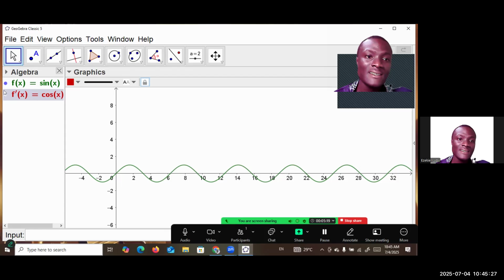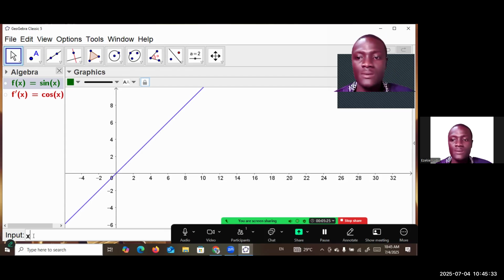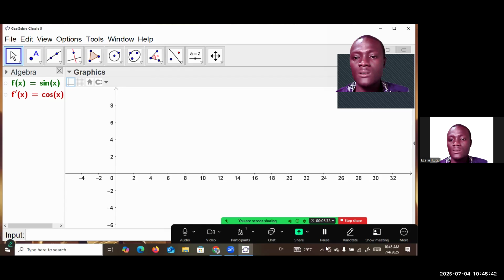Let me hide these functions here. Let me pick the cubic function, which is x cubed.